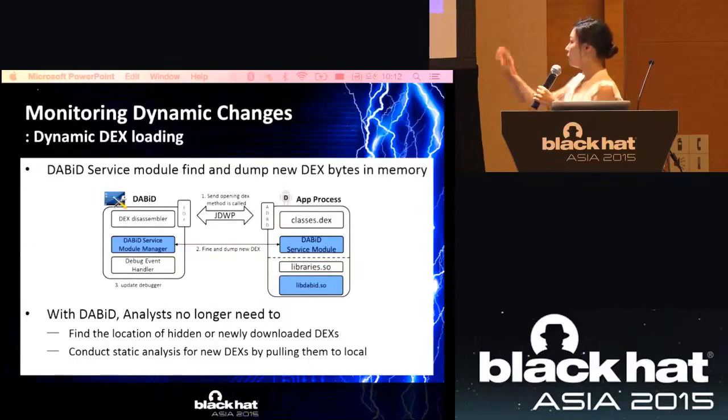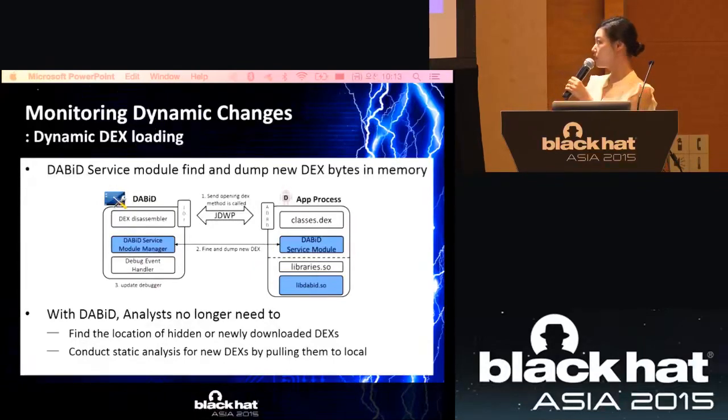Then the debugger interprets the new DEX and gives a clean view of it in the debugger. So with DABiD, analysts no longer need to find the location of hidden or newly downloaded DEXs, and do not need to conduct static analysis for new DEXs by pulling them to local.